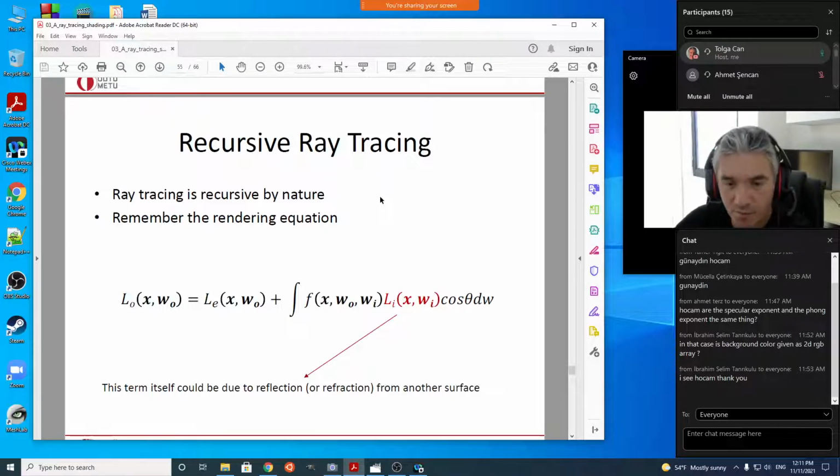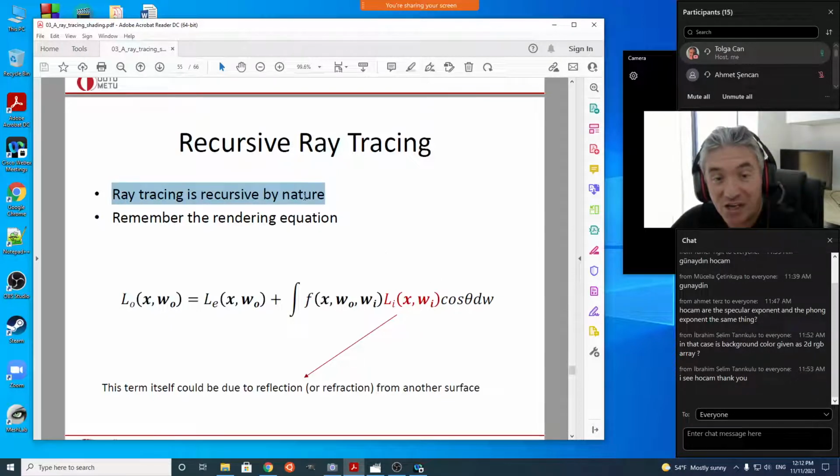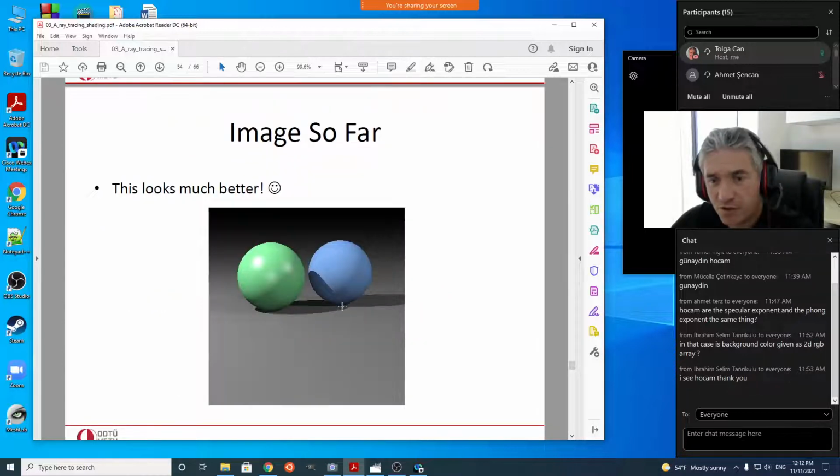Okay, so where does this recursive part come in? Why is it recursive by nature? Up to this point, we actually get really good pictures. Do we really need recursive ray tracing? And why do we need it? The reason is that if we have objects that are reflective, in which we not only see the light sources, the specular patches here, but there are also light rays bouncing off other objects that hit this object and come towards us.